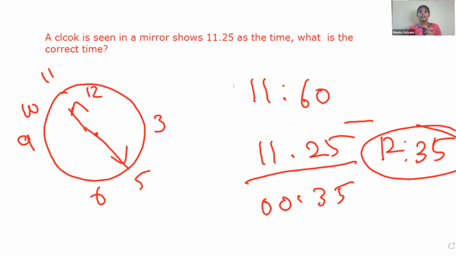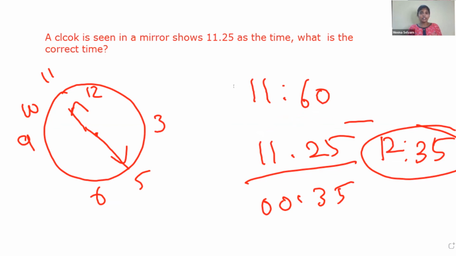If you see digital clocks, like your stopwatches and watches, when you set the 24-hour time, at midnight it will be like 0025, 0045. 00 is understood as 12 o'clock, right? So 12:35 is the answer.